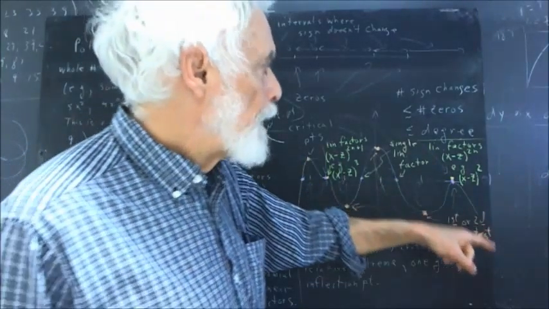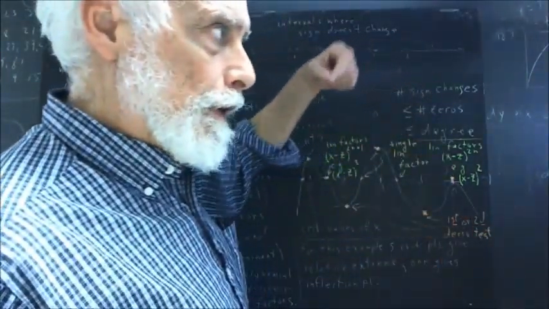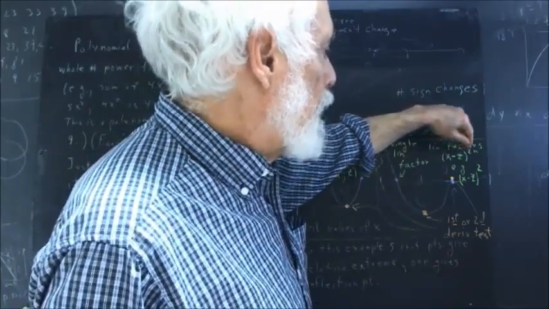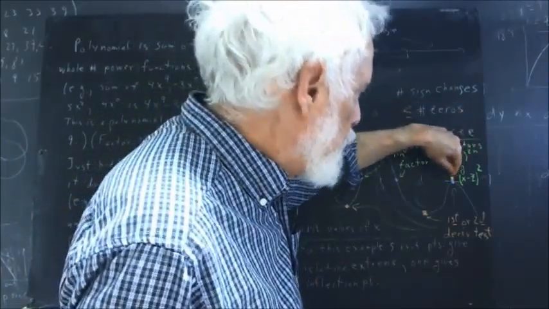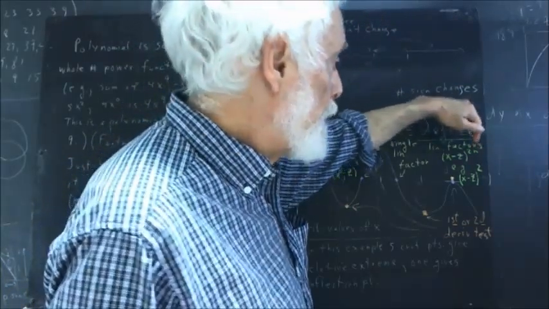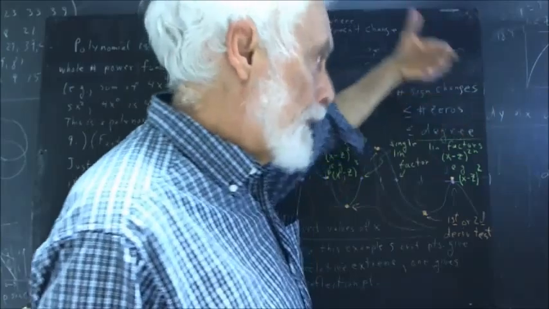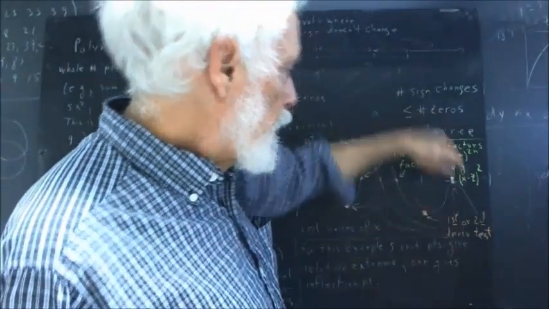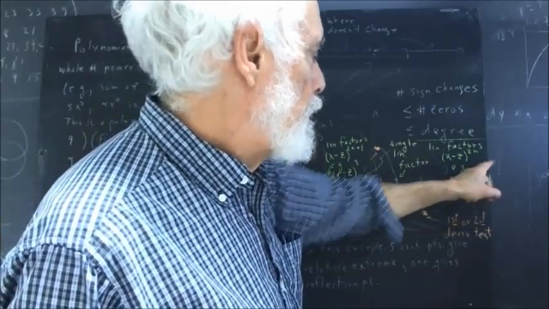And that would occur if you have an even number of linear factors. For example, an x minus z to the 2n, where z is the x-coordinate of this point. n is a positive whole number, so 2n is going to be a positive even whole number.